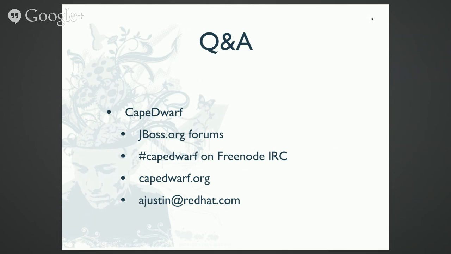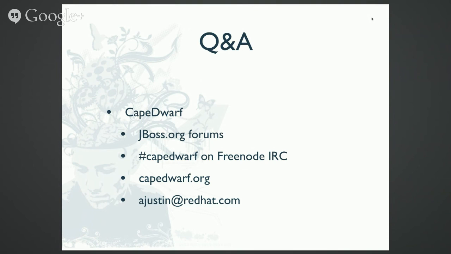We didn't make any money on it, but it's an app that runs daily, a couple of thousand requests, and it's all based on CapeDwarf, and it runs nicely. A two-node cluster works. The app is not super burdened, it's still a couple of thousand requests, and it handles a couple of entities per request, and it's pretty fast.